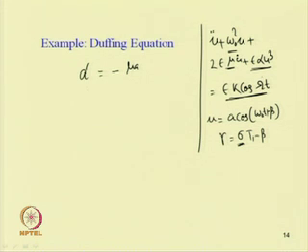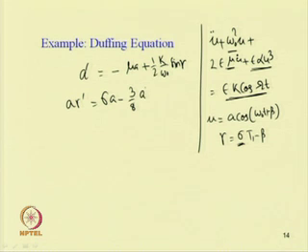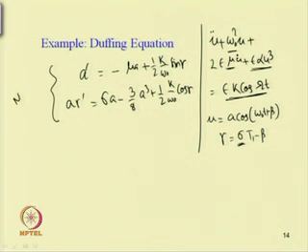So, the reduced equations can be written as A dash equal to minus mu A plus half k by omega 0 sin gamma, and A gamma dash equal to sigma A minus 3 by 8 alpha by omega 0 A cube plus half k by omega 0 cos gamma. These two are the reduced equations obtained using the method of multiple scales.